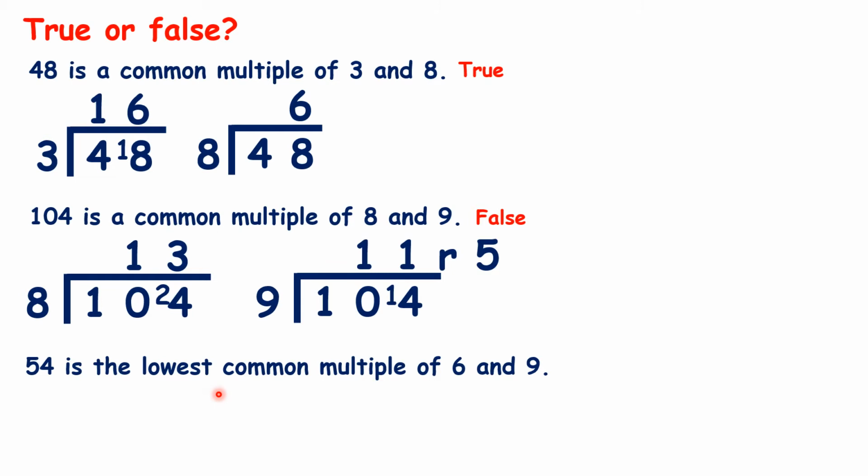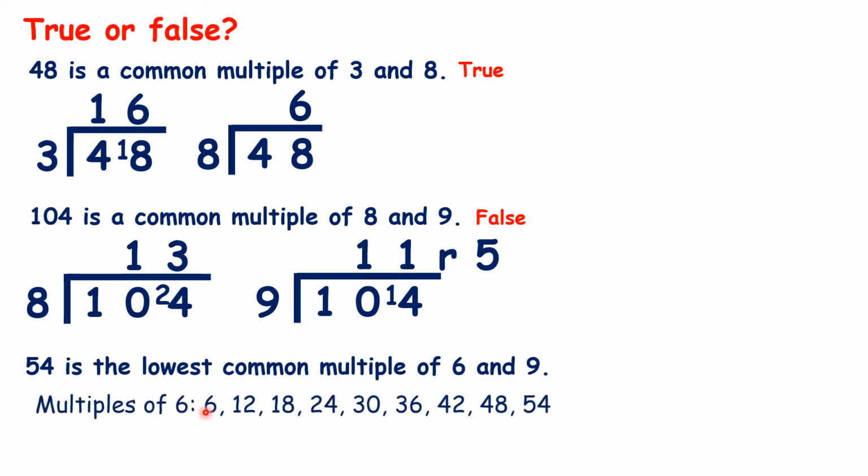Now for this last question, we'll need to be careful. True or false, 54 is the lowest common multiple of 6 and 9. Well, we know that it's in the 6 times table, it's a multiple of 6, and it's in the 9 times table, it's a multiple of 9.